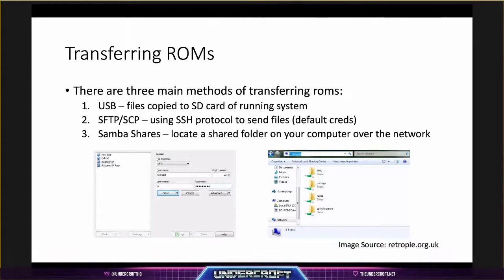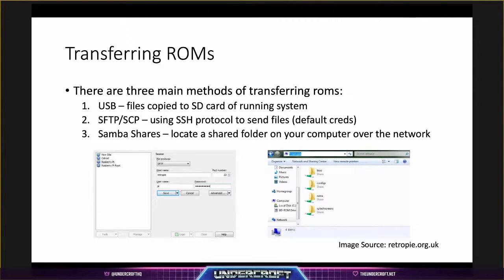So there are three main methods. The first method is to copy them to the SD card. And I'm not talking like take the SD card out and plug it into your computer. I'm talking you use a thumb drive. It's a little bit of a process, and I'll go over it on the next slide. But the idea is using a thumb drive, the Raspberry Pi will pull the data off the thumb drive and store it locally on the SD card so that you just have them on the Pi all the time, and you don't need to plug a thumb drive in.